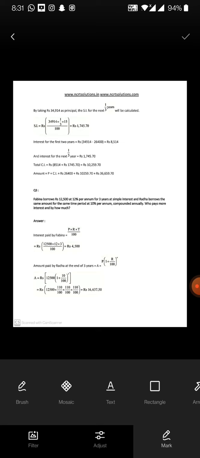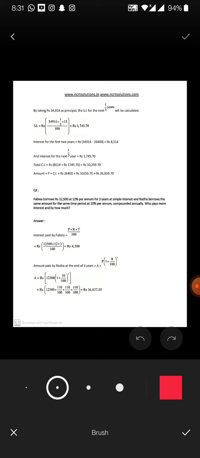Fabina borrowed at the rate of 12% and Radha borrowed at 10%, compounded annually. The interest is simple for Fabina and compound for Radha. So who pays more? We need to find the total interest for 3 years and find the difference between the amounts of Fabina and Radha.